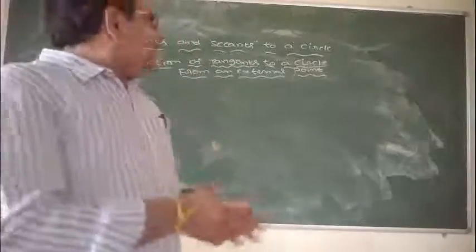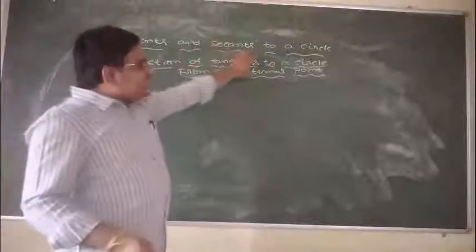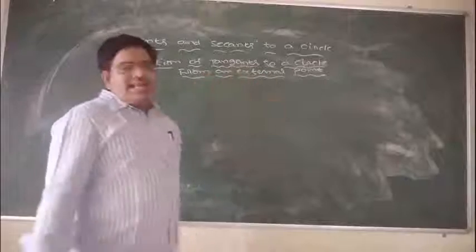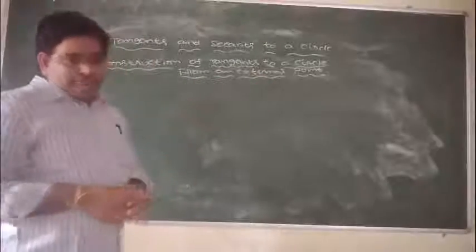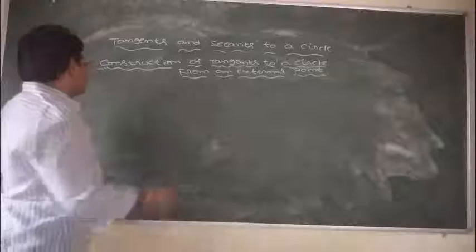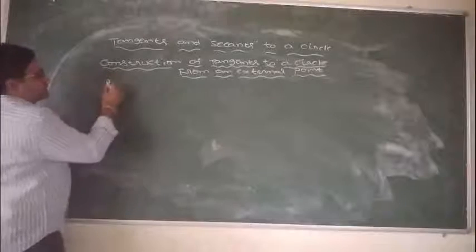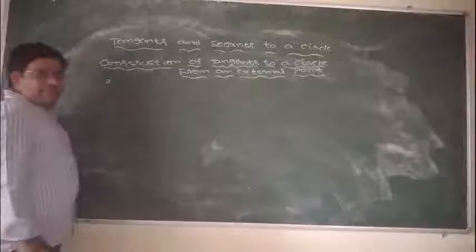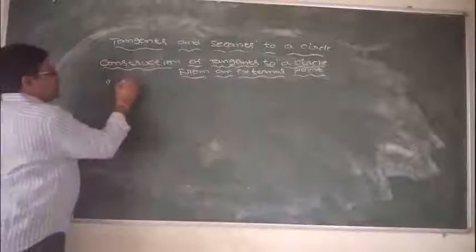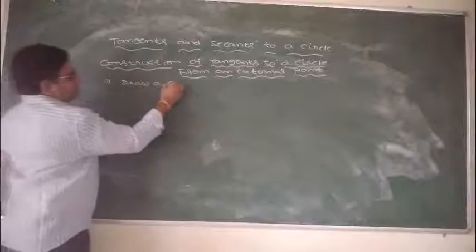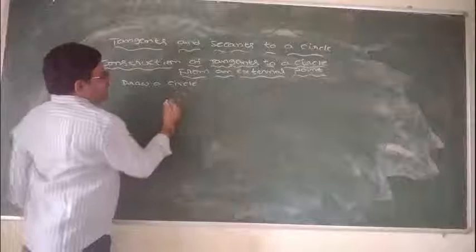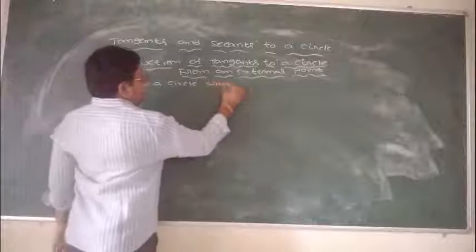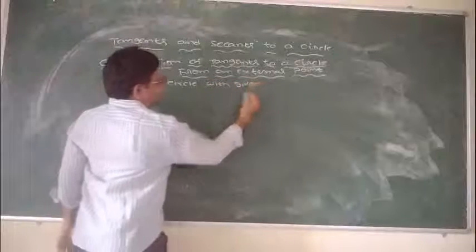Now in this section, construction of tangents to a circle from an external point. That concept I am now explaining, please observe it. First, step number one: draw a circle with given radius.